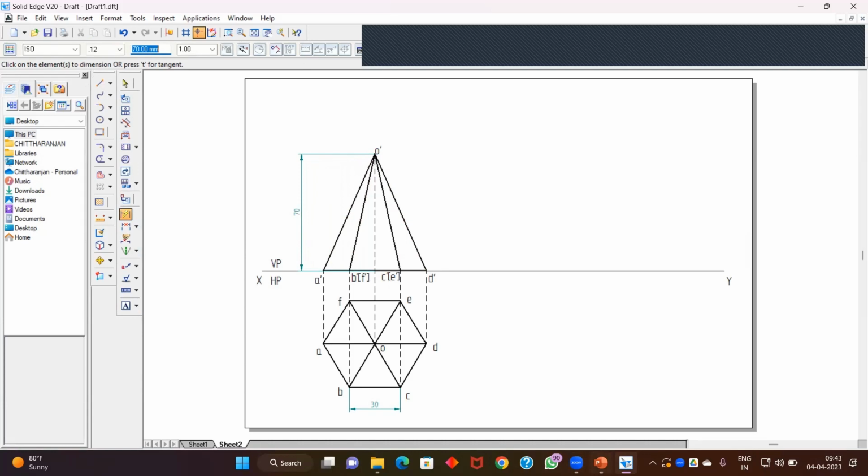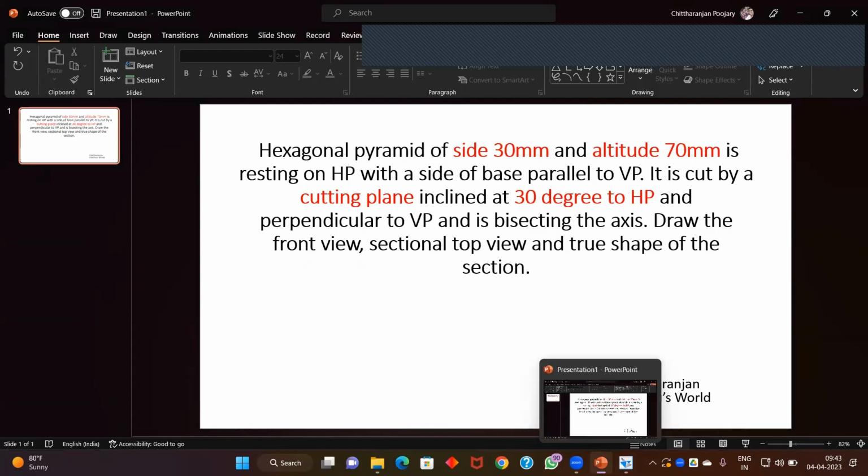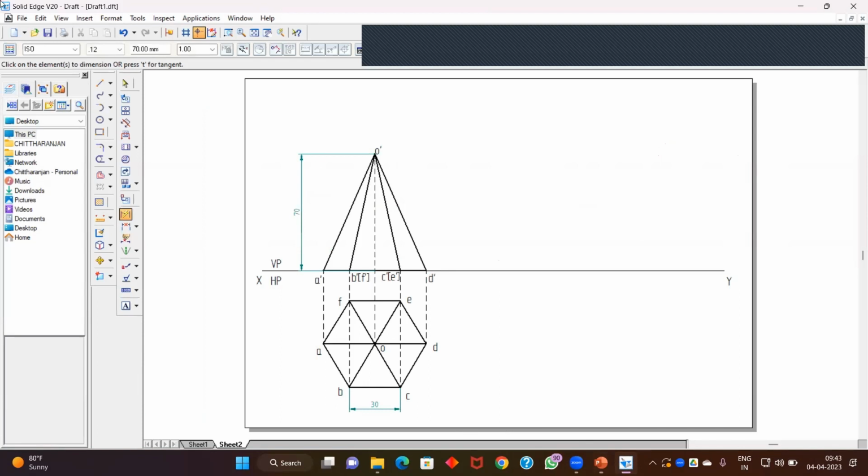Yes. Now we have to cut this plane. They said cutting plane inclined at 30 degrees to the HP. So you have to plot the line at 30 degrees. Cut this.